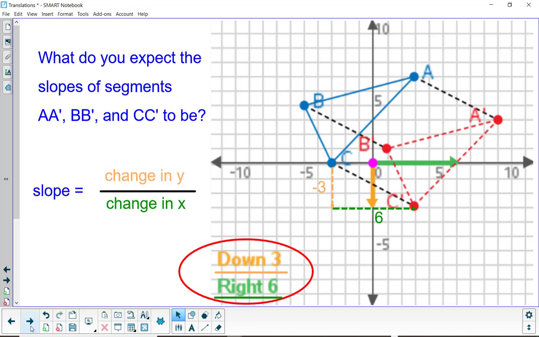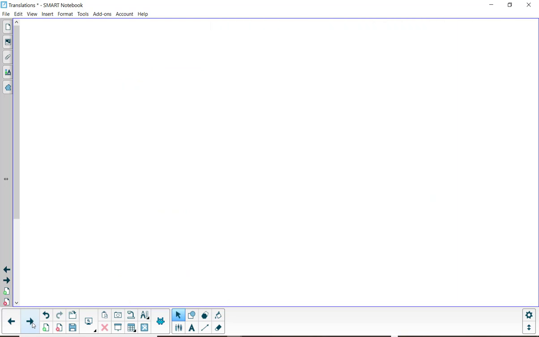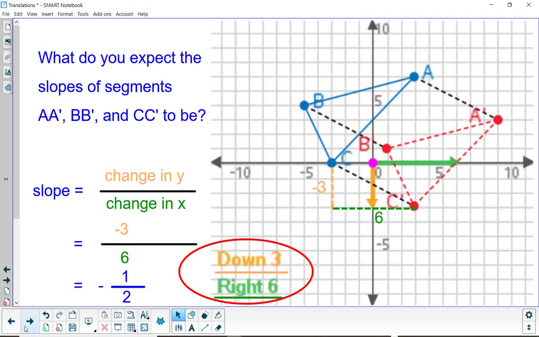And so the slope of this segment CC prime will be the change in y over the change in x, which is -3/6, which simplifies to -1/2. Similarly, for A to A prime, we would go down 3 over 6, and for B to B prime, down 3 and over 6.